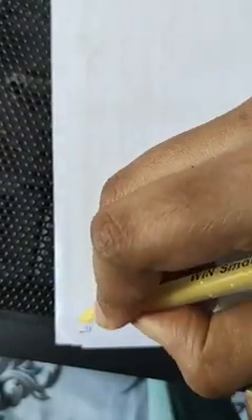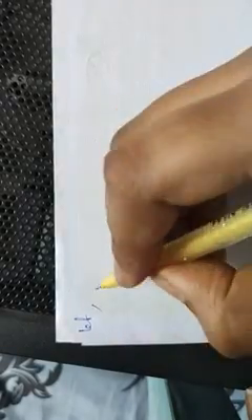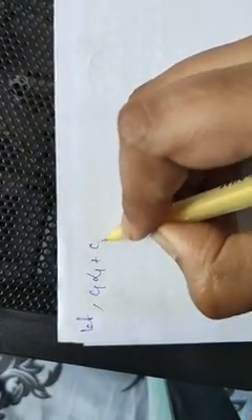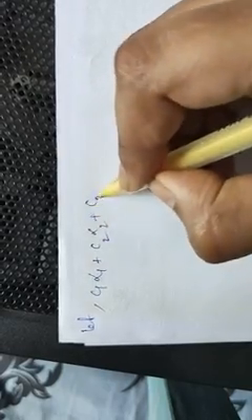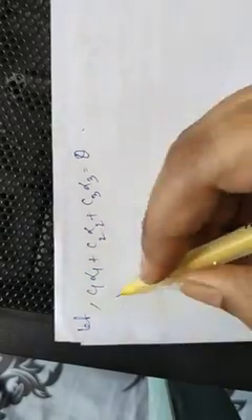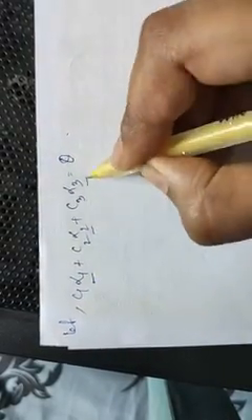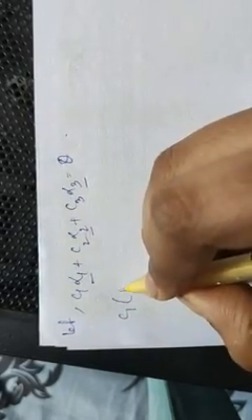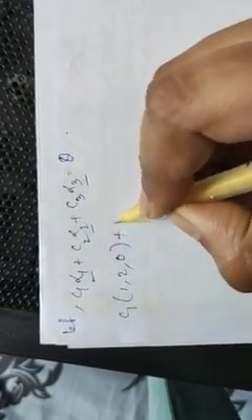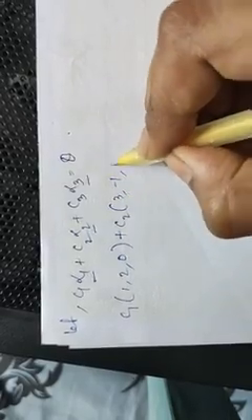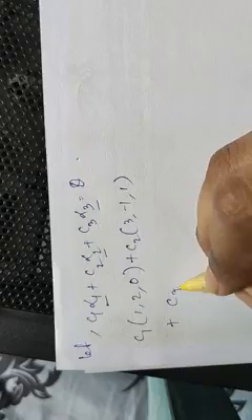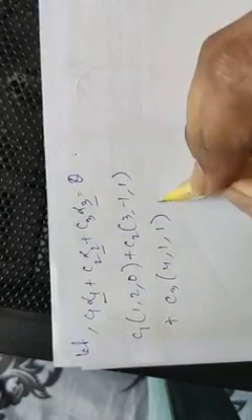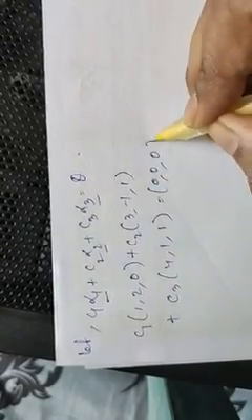So moving to the first part, considering the condition C1 alpha 1 plus C2 alpha 2 plus C3 alpha 3 equals theta, and putting the values of alpha 1, alpha 2, alpha 3, what will we get? C1 times (1, 2, 0) plus C2 times (3, minus 1, 1) plus C3 times (4, 1, 1) equals theta, meaning (0, 0, 0).